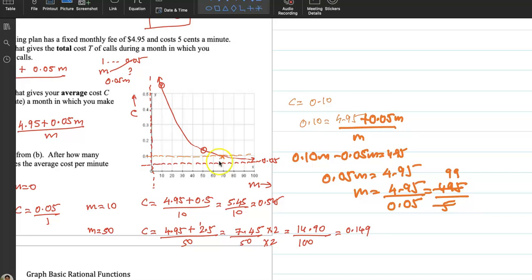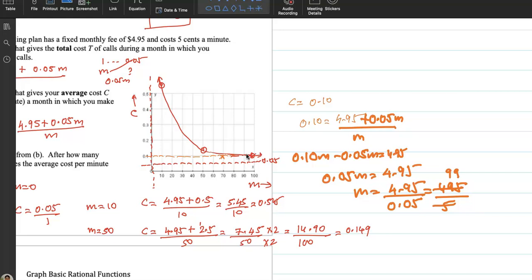99. So my graph is not correct. This should go here, 99, so it should cut here further. Because 0.1 is here, not this one. So my graph should go like this.